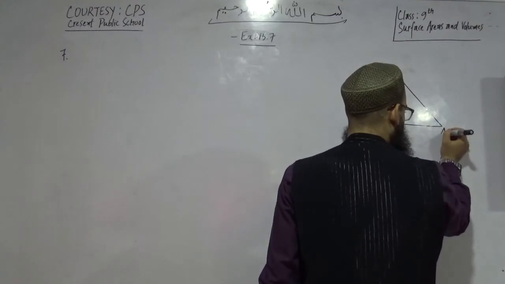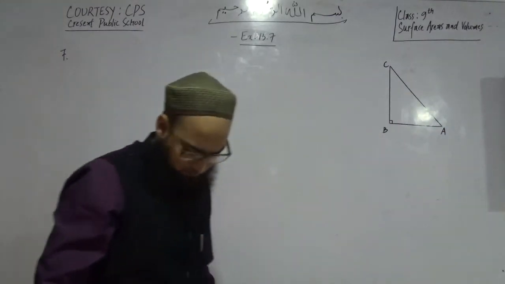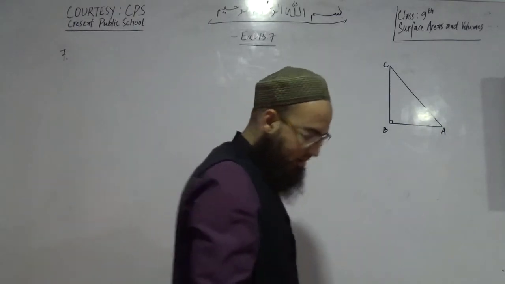This is a right triangle ABC with side 5 centimeter, 12 centimeter and 13 centimeter.